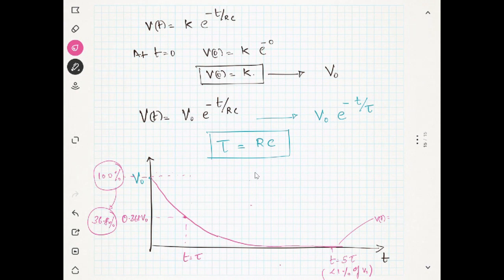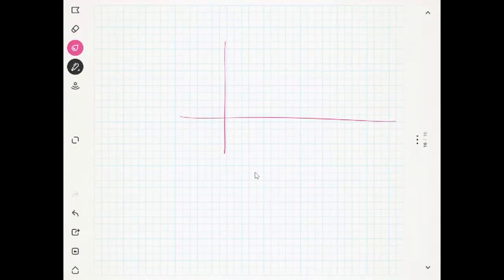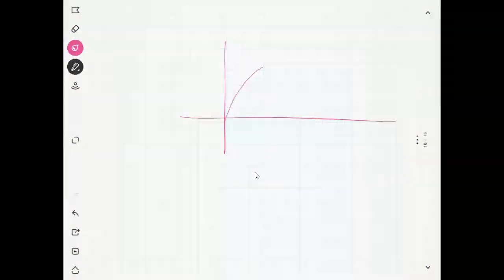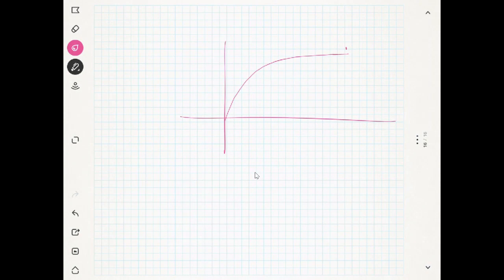What is this gap? That's the main thing. So this gap is 63.2 in the discharging case. In the charging case, this is the maximum, V max. Then this is the value, 63.2% of V max.